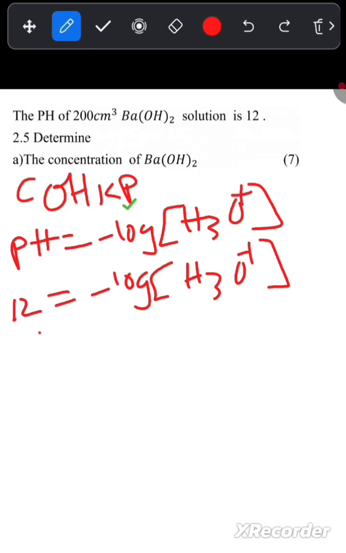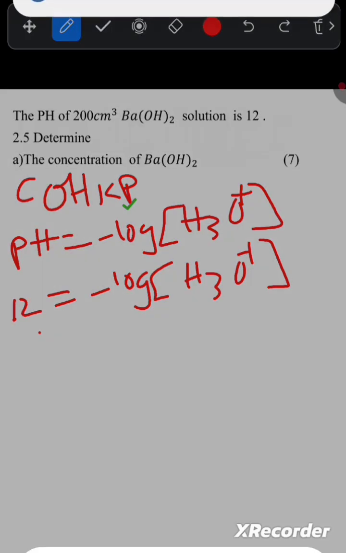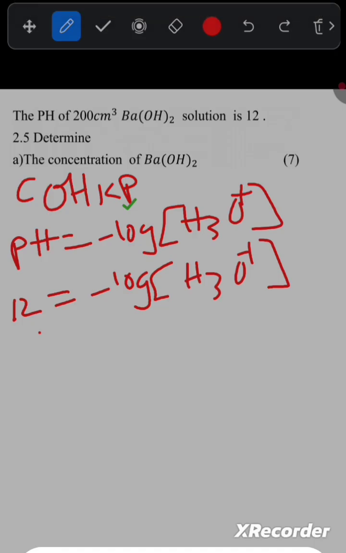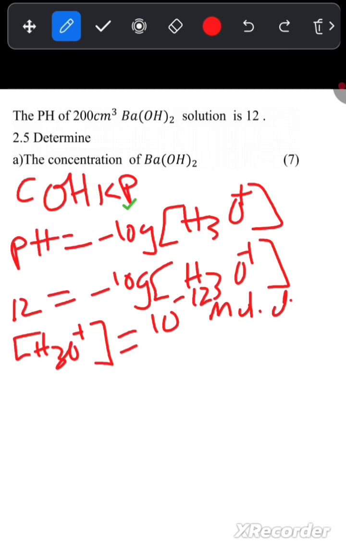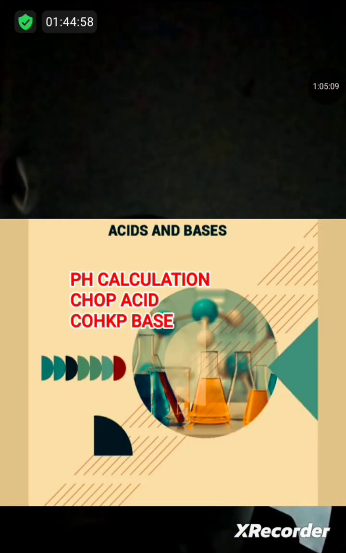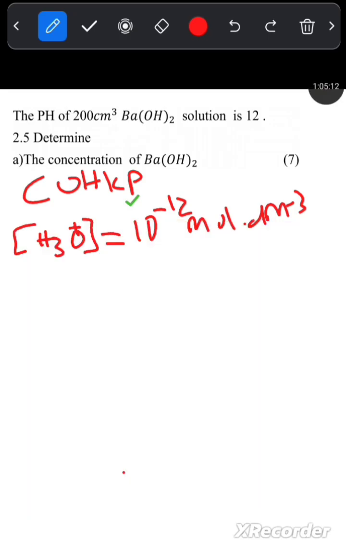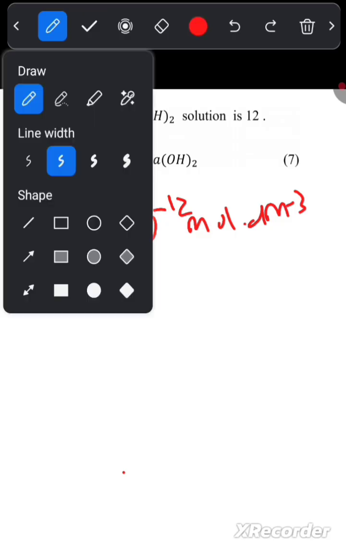The concentration of hydronium ions is equal to 10 to the power negative 12. Now we go to the KW formula because we are moving in reverse.